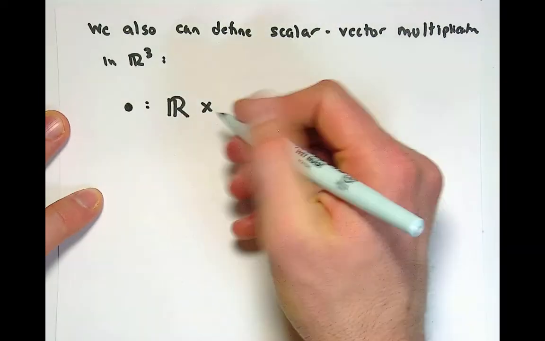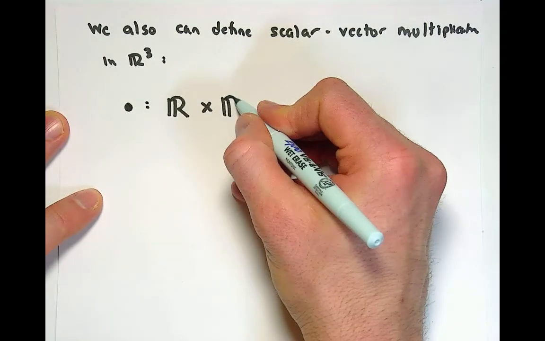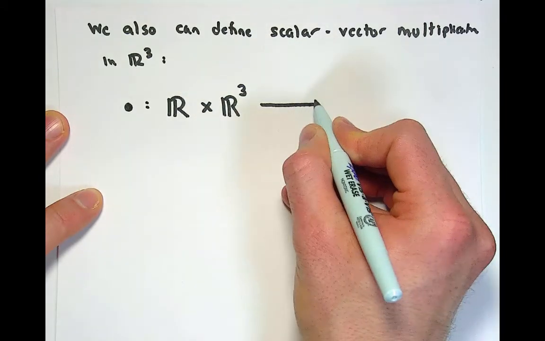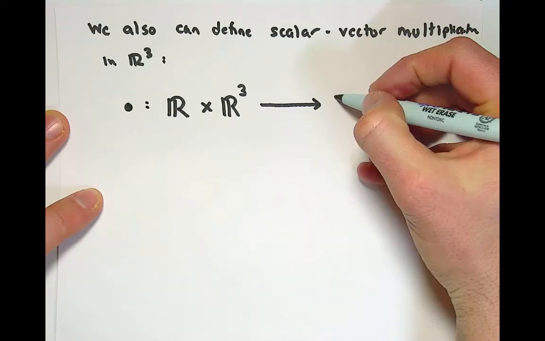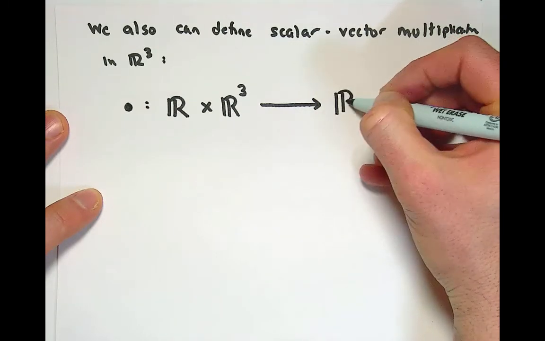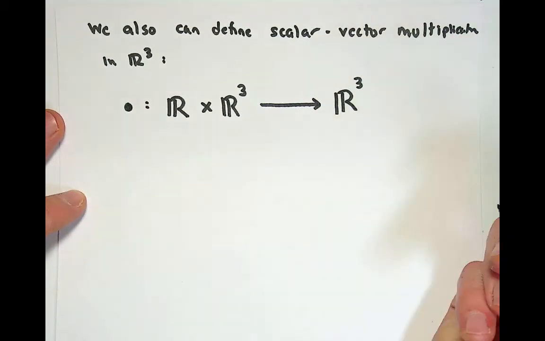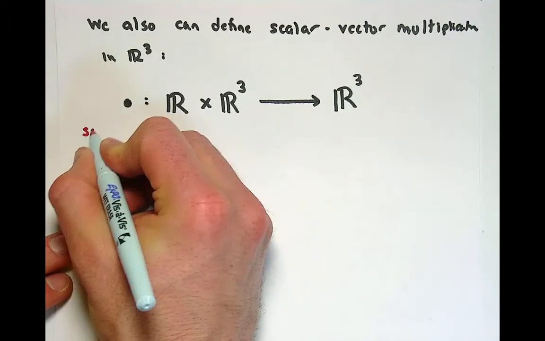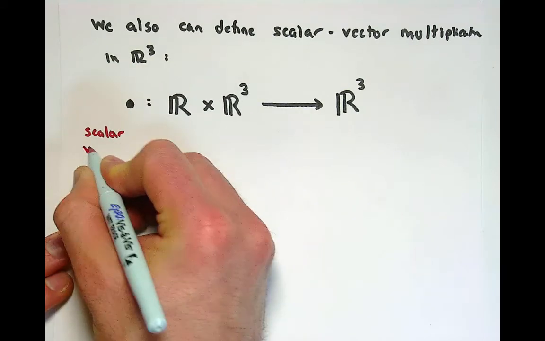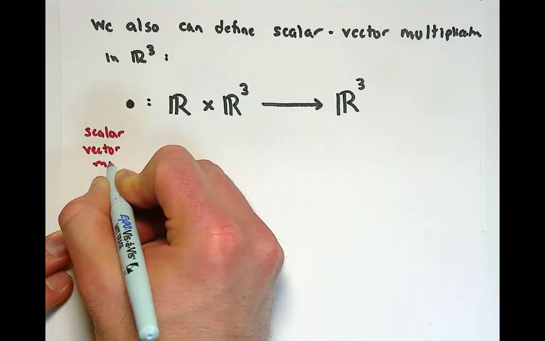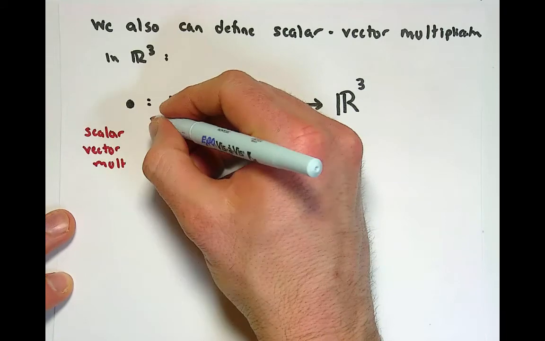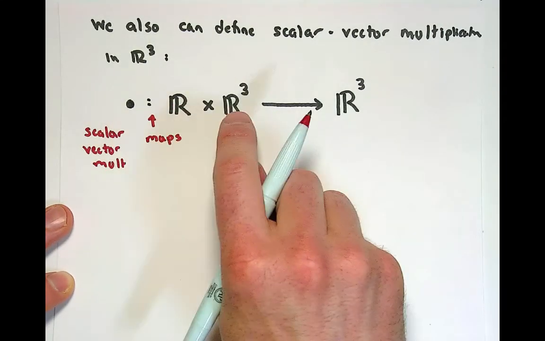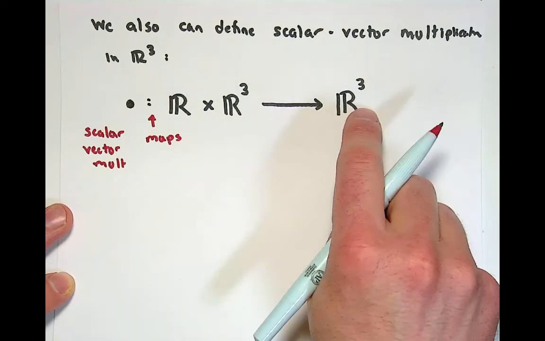The left input is going to be a scalar from the real numbers. The right input's going to be a vector. And when I multiply the scalar times the vector, I'm going to output another vector. So, scalar vector multiplication maps a scalar and a vector into a vector.